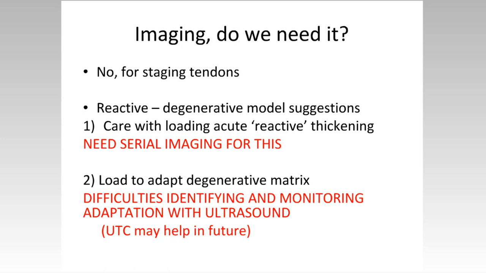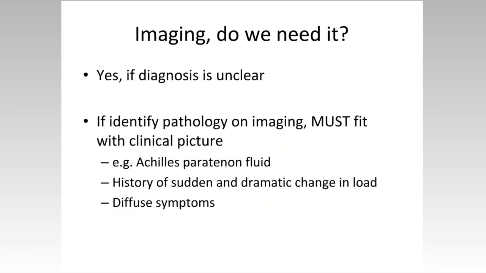But clinically, the pathology on ultrasound is such a poor guide and often doesn't correlate with pain. And as I say, unless you're doing serial imaging, really limited value in doing ultrasound to stage tendons.